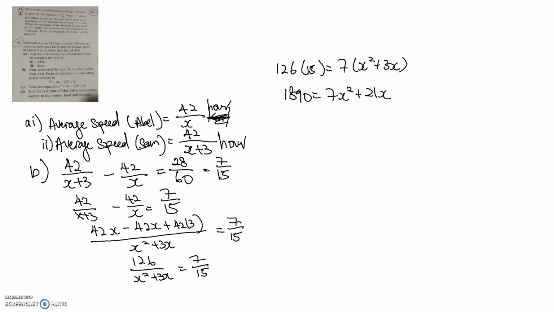Now bringing everything to one side, 7x squared plus 21x minus 1890 equals 0. And then if you divide the whole line by 7, you get x squared plus 3x minus 270 equals 0, which is what you are required to show.